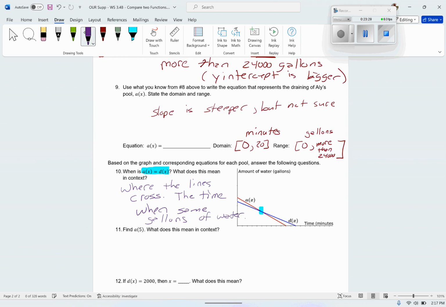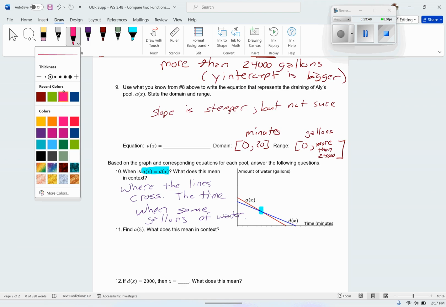Okay? And again, I don't know exactly what that point is. I just know it's somewhere in there. I think if we had more information, we could do it. But as of right now, I don't have enough information. But maybe we'll gain some more perspective as we go through. Let's see.